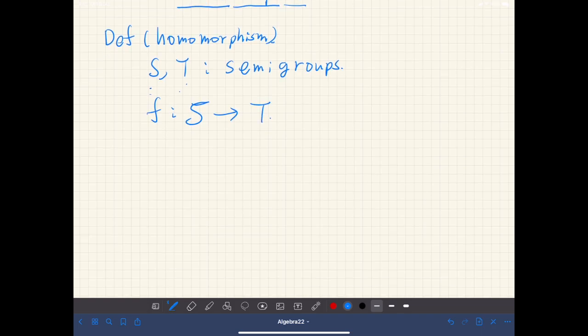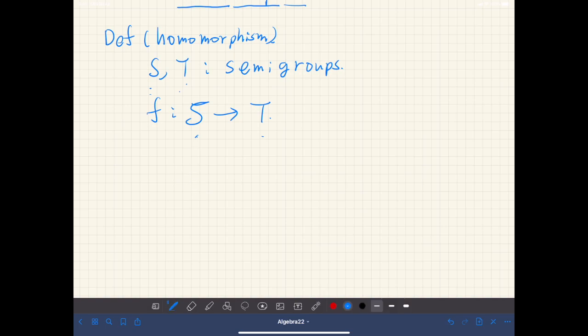But it's not just a mapping. A mapping makes the correspondence between each element of S to an element of T. But not just that, we also impose the following condition.